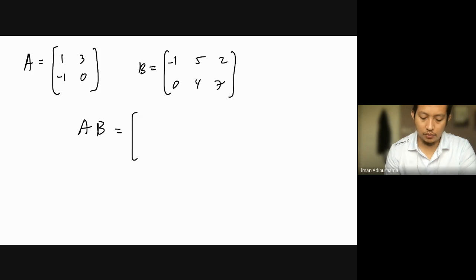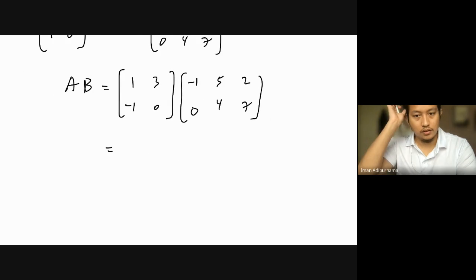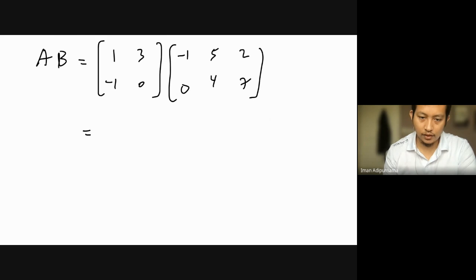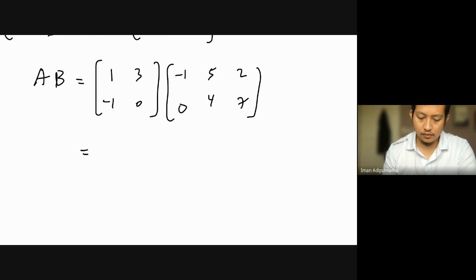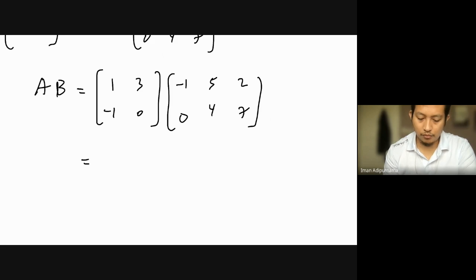So AB, we can write down our matrix. Okay, and the idea here will be we are going to multiply this with this plus this and this.